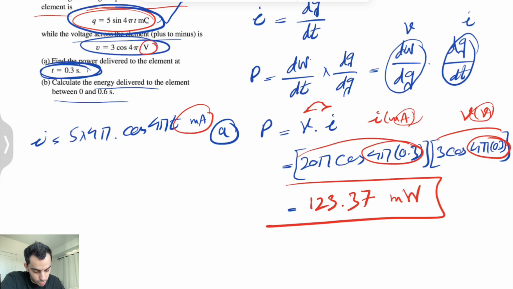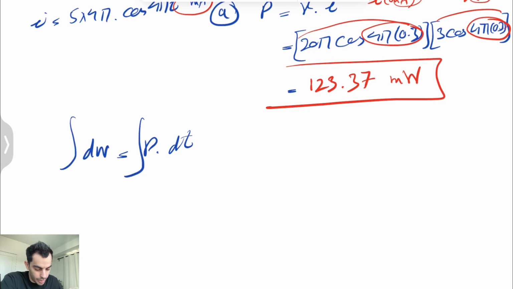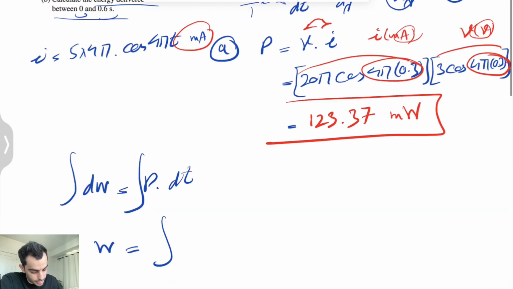And in the B part, we need to find the energy delivered to the element, so we are looking for the W. If we just cross multiply in here, we get dW is equal to P dt. So we just need to do the integral on each side. On the left side, we're going to get the W, and we have a definite integral from 0 to 0.6.